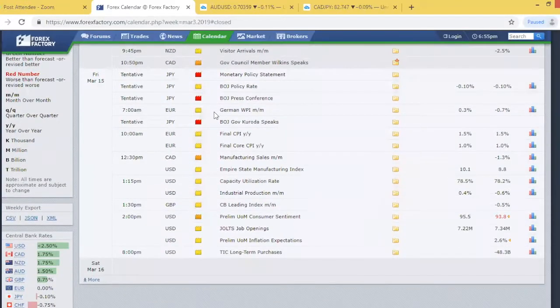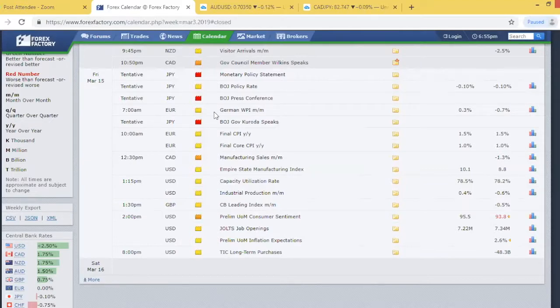And then into Friday, it's just the monetary policy statement, the interest rate, and the governor for the Bank of Japan, Governor Kuroda, addressing the markets. So with regards to monetary policy with the Bank of Japan, we might see some volatility here.